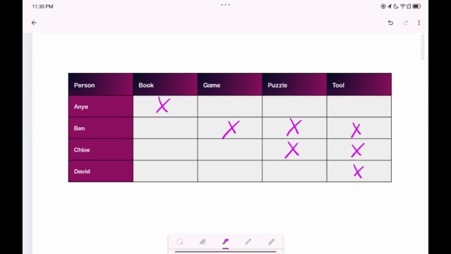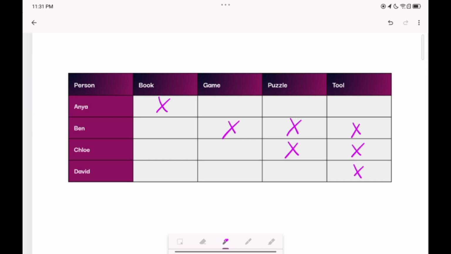So now we know that Anya didn't get the book or the puzzle. Ben didn't get the game or the puzzle. Chloe, on the other hand, got her package after David, the puzzle, and before Ben. So this leaves only the game for Chloe and the book for Ben.